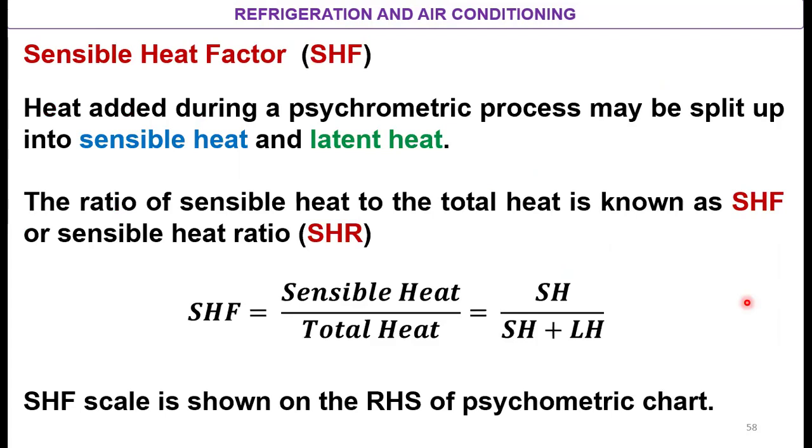And write down this as well, the sensible heat factor, also known as the sensible heat ratio. It is defined as the ratio of sensible heat to the total heat, written as sensible heat, SH, divided by sensible heat plus the latent heat.